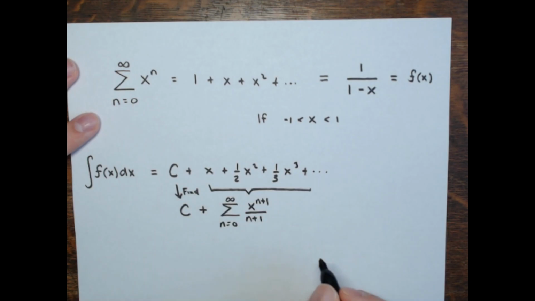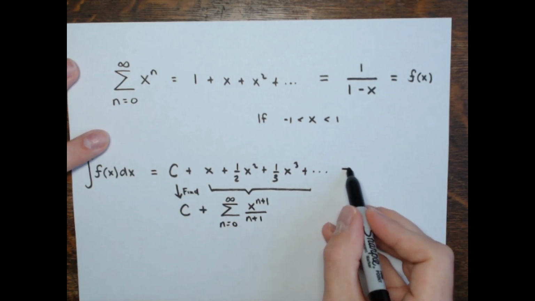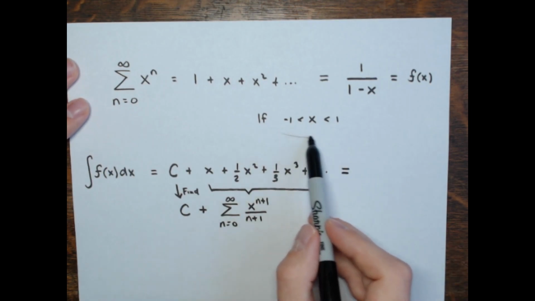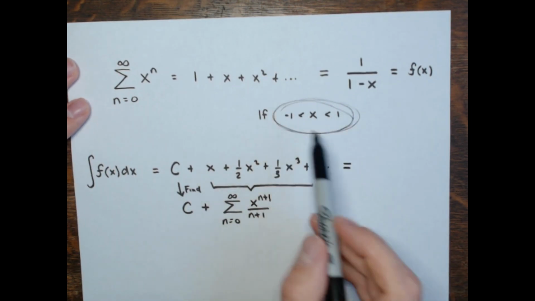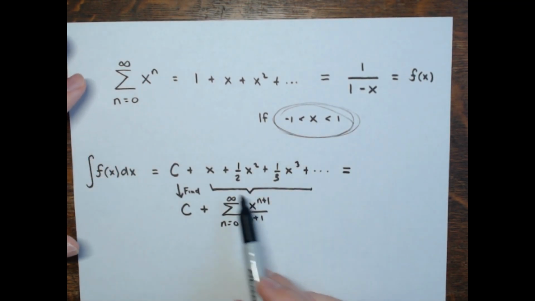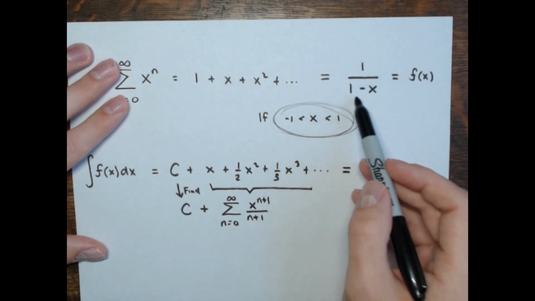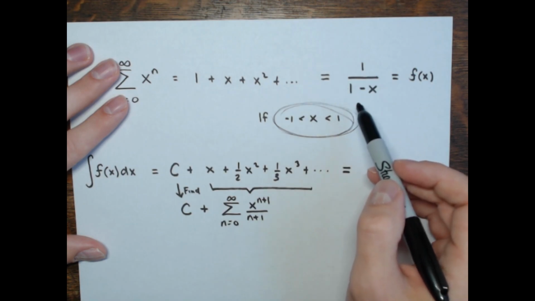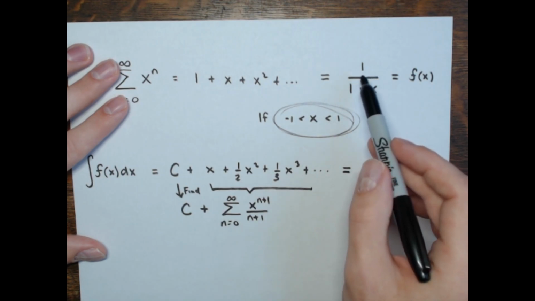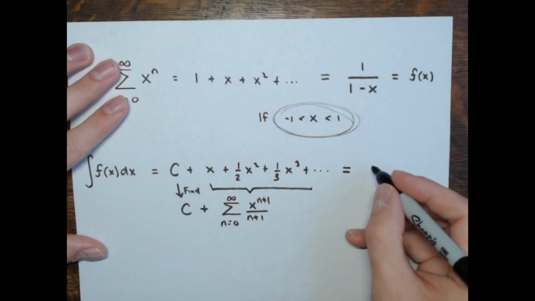We're going to find this, and the value of this depends on what function we're converging to. And again, as long as x is between -1 and 1, we'll get this series converging to the integral of this. Now, the integral of 1 over 1 minus x would be the natural log of the absolute value of 1 minus x, divided by -1.